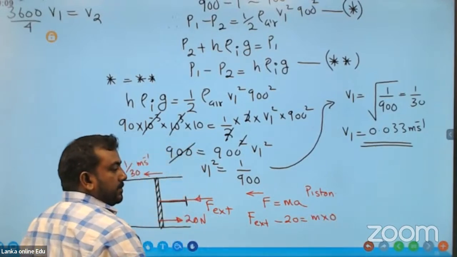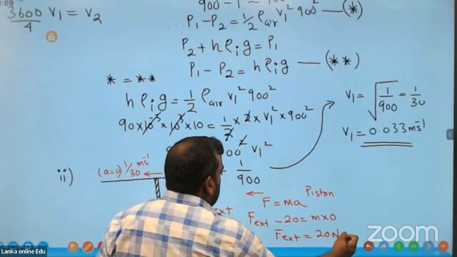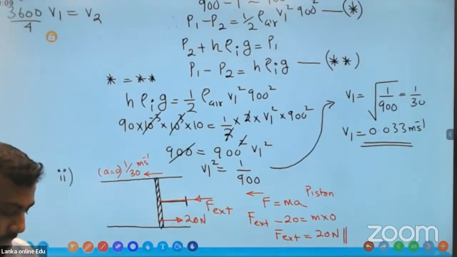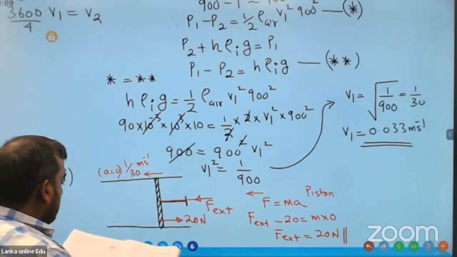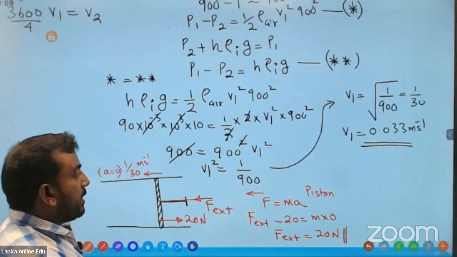So external force is going to be 20 Newton. It's a very simple, direct question.